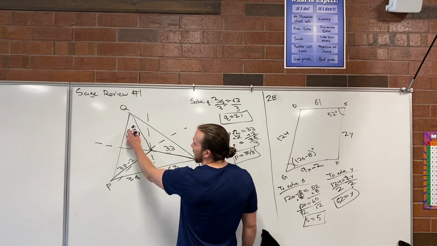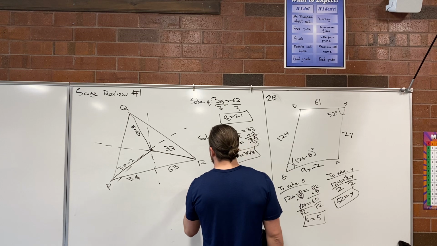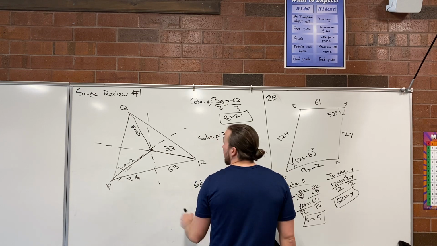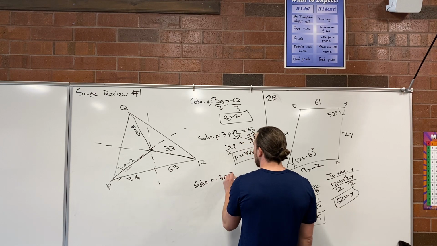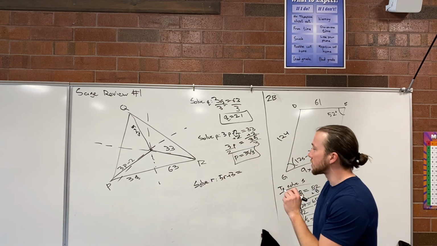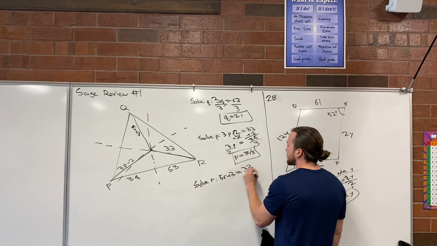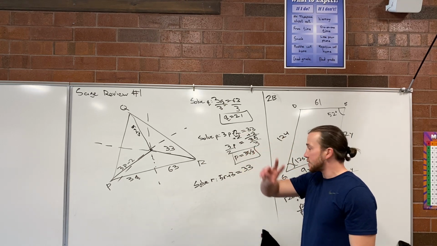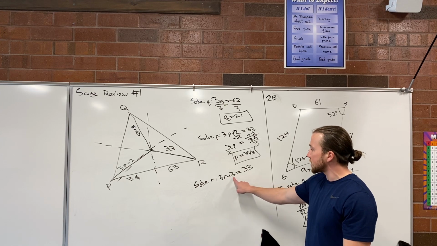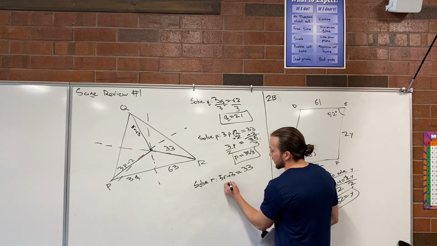The last one is going to be to solve for r. So we'll solve r. 5r plus 3 equals 33. Okay, we're doing the same thing we did up there. This is like 2 steps essentially. We need to get rid of the 3 first, so to get rid of it, I do minus 3 because it's plus 3.